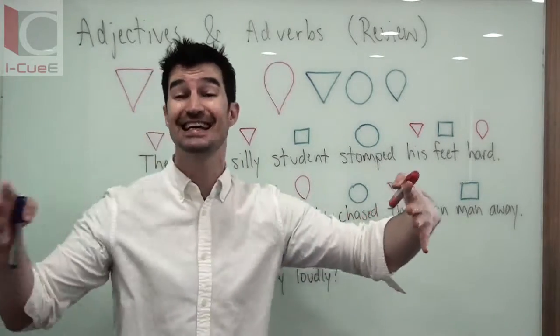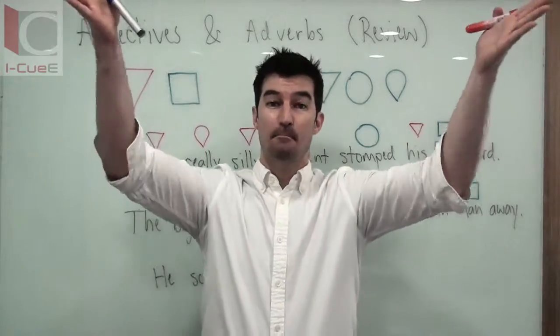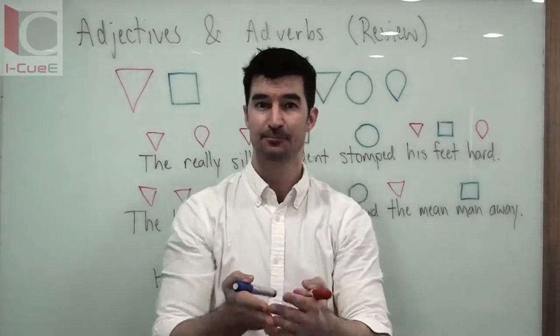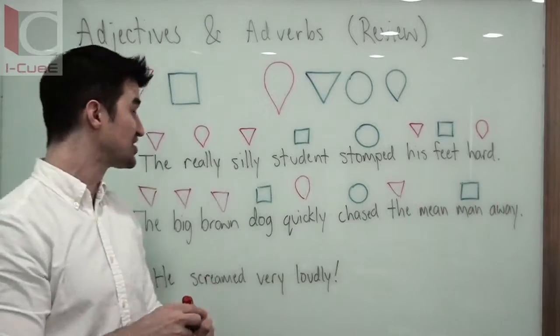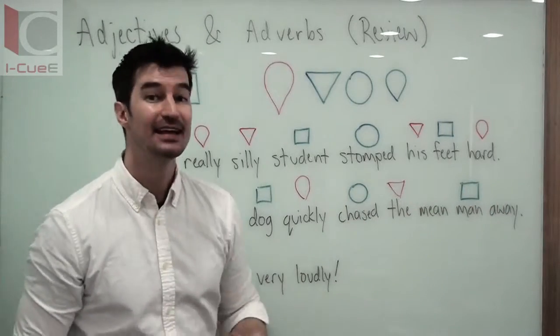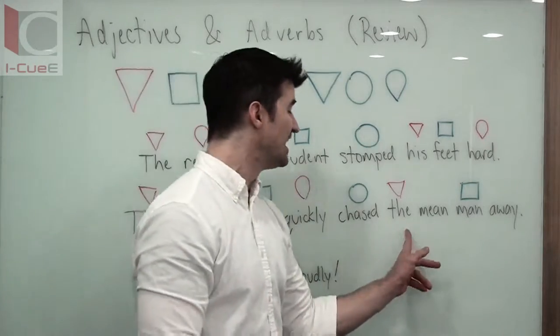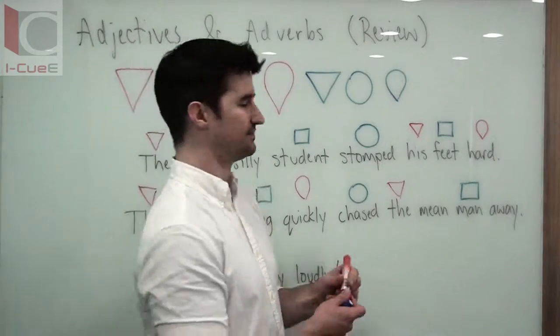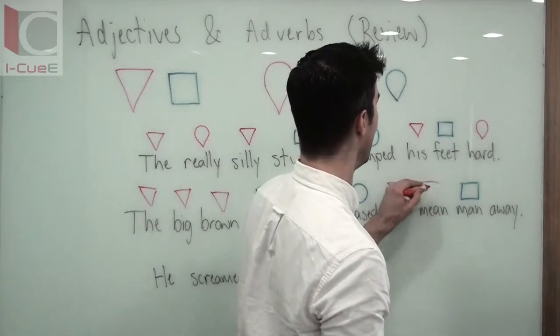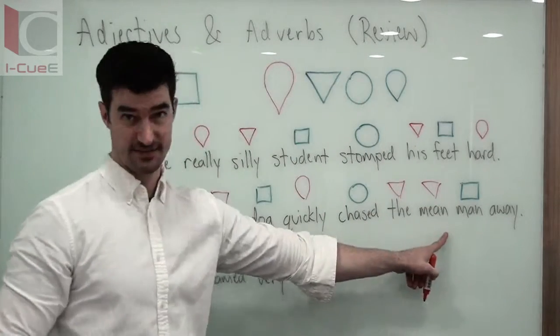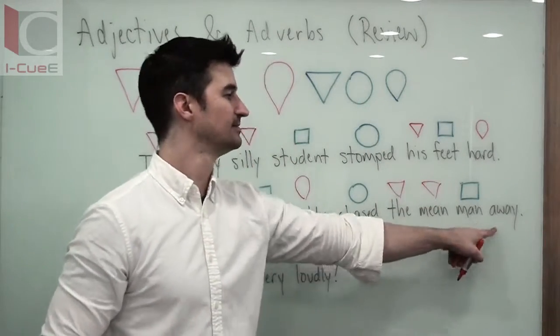Remember that adjectives can stack, right? To get more and more specific. I can have a whole bunch of adjectives describing one noun. So we have a big brown dog quickly chasing what kind of a man? A mean man. And again, this is an adjective, the mean man, away.